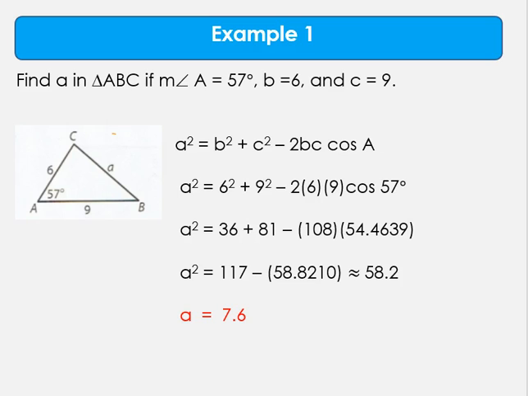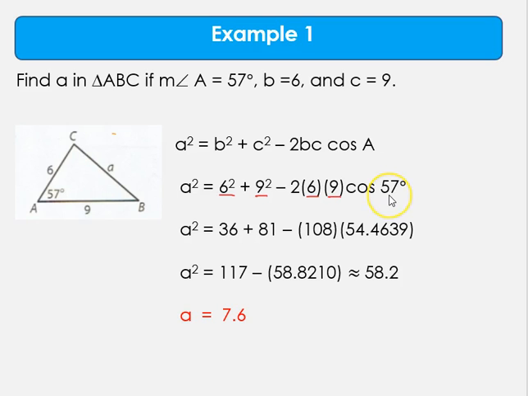So b squared, b would be the side across from b, which is 6, so we'll have 6 squared. And c squared is the side across from c, which is 9, so we'll have 9 squared. And 2 times b times c, so we have b again is 6 and c is 9.